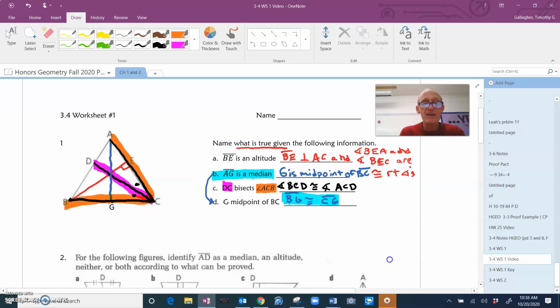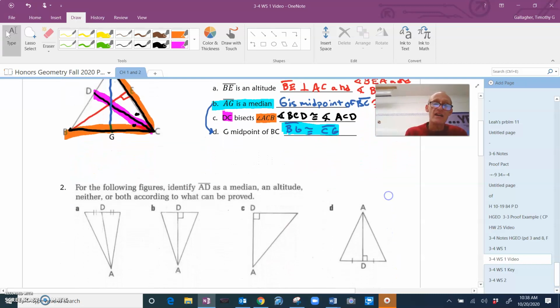The next problem asks you to identify AD as a median, altitude, or neither, or both. Okay? So in the first problem, AD is a median because the two congruent segments are formed. In the next problem, AD is an altitude because of the congruent right angles.